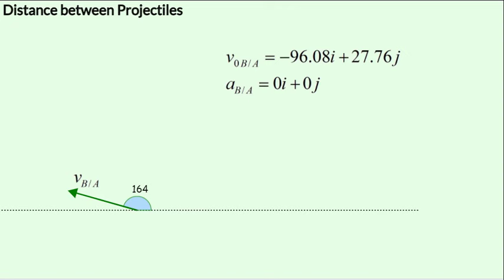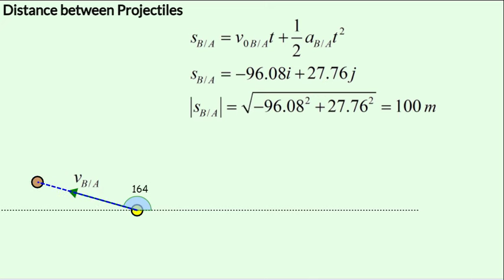But we have been asked to find the displacement after a second, so we would have to substitute all this into the equations of motion. Let's substitute these values into the second equation of motion. S B with respect to A is the final displacement, and the initial displacement is 0.